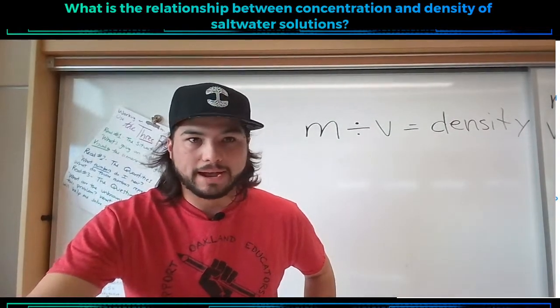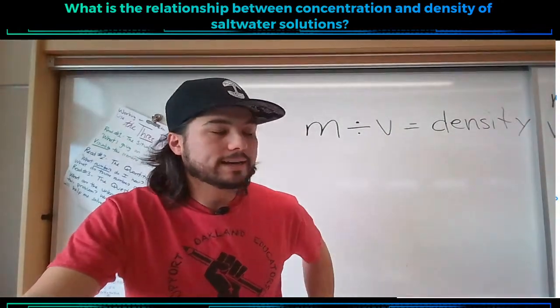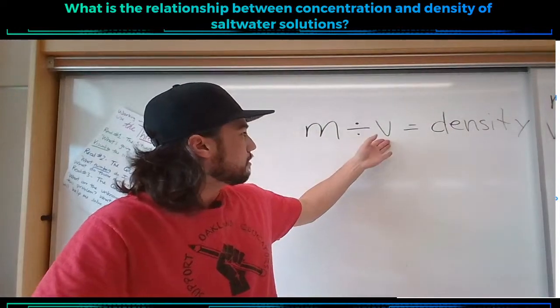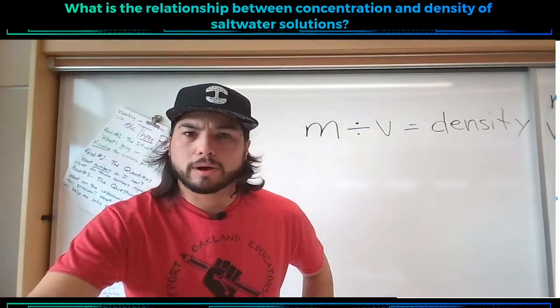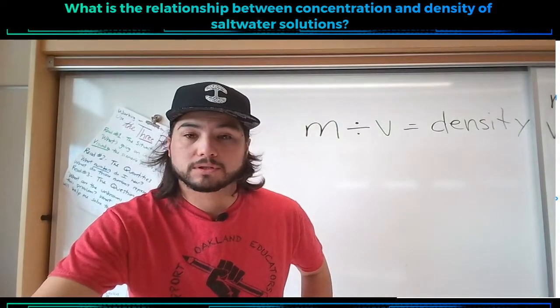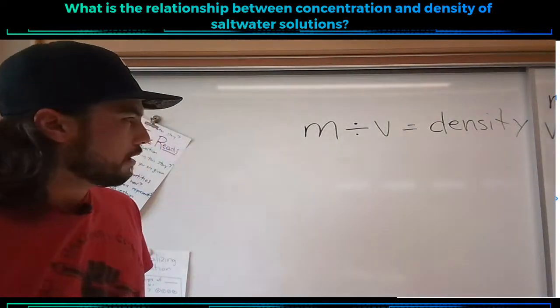You're going to take its mass, how many grams something weighs. You're going to divide it by its volume, how much space something takes up, and then you get its density in grams over cubic centimeters, or grams over milliliters, right?